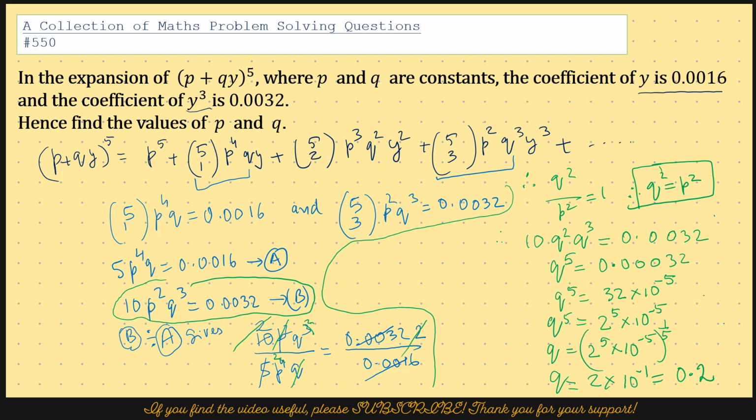So if q is 0.2, then from here p equals q, therefore p would also equal 0.2. Therefore the values of p and q: p equals 0.2 and q equals 0.2.